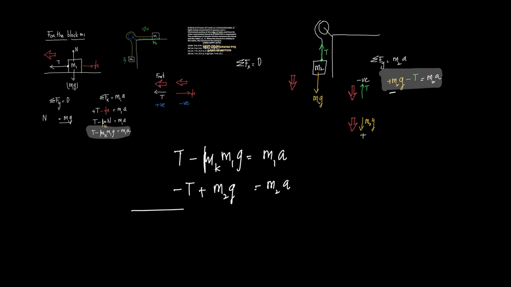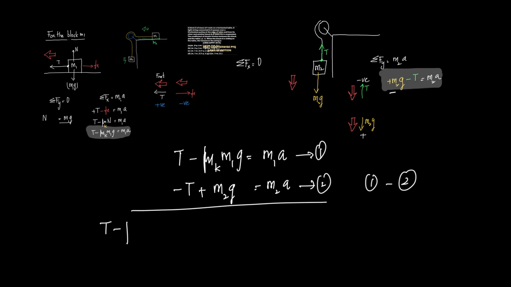Now what I'll do is I'll subtract equation 2 from 1. So this is 1, this is 2. So I'll do 1 minus 2. What do I get? T minus mu k into m1 into g, now doing minus, minus within bracket we have minus T plus m2 into g, is equal to m1 into a minus m2 into a.